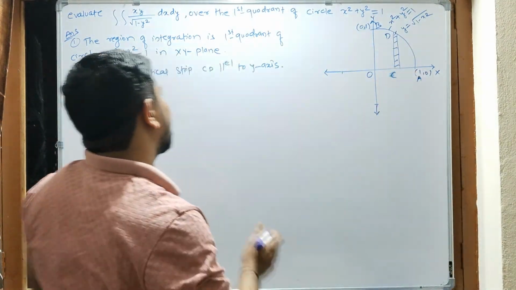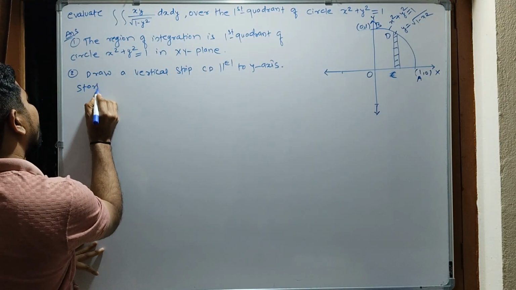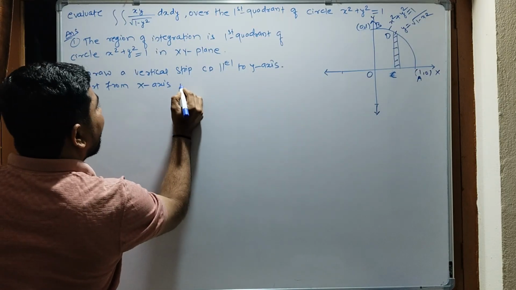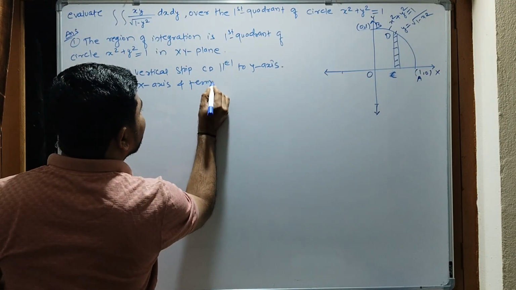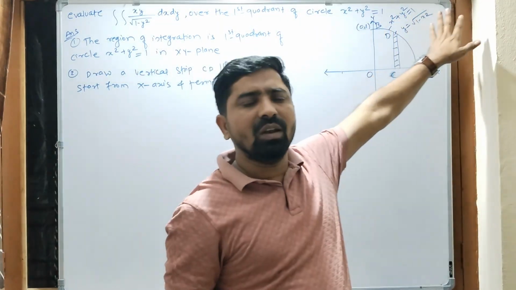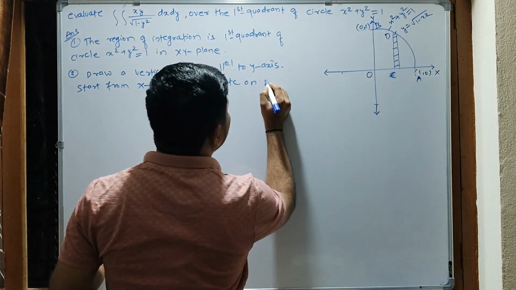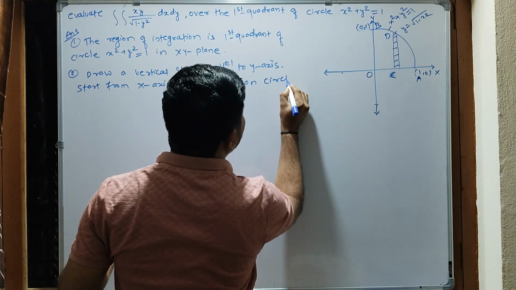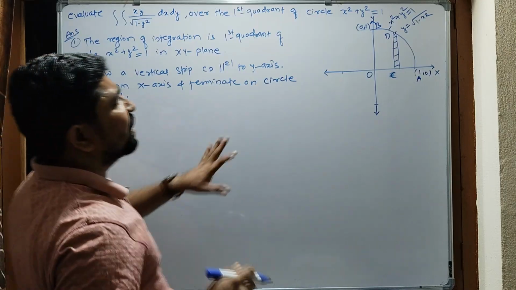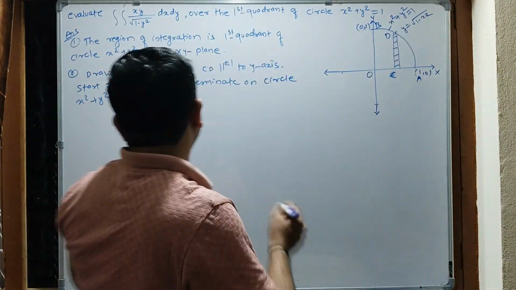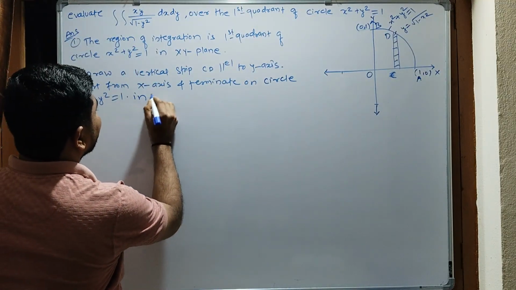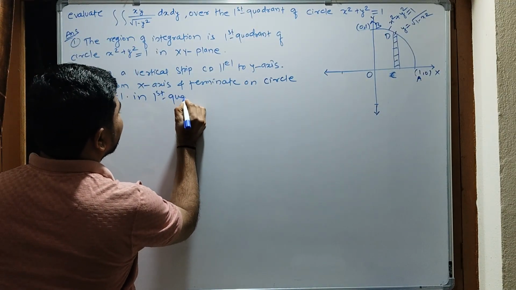It starts from the x axis and terminates on the circumference of the circle in the first quadrant, that is, terminates on the circle x square plus y square equal to 1. So I am writing: terminate on the circle in the first quadrant.